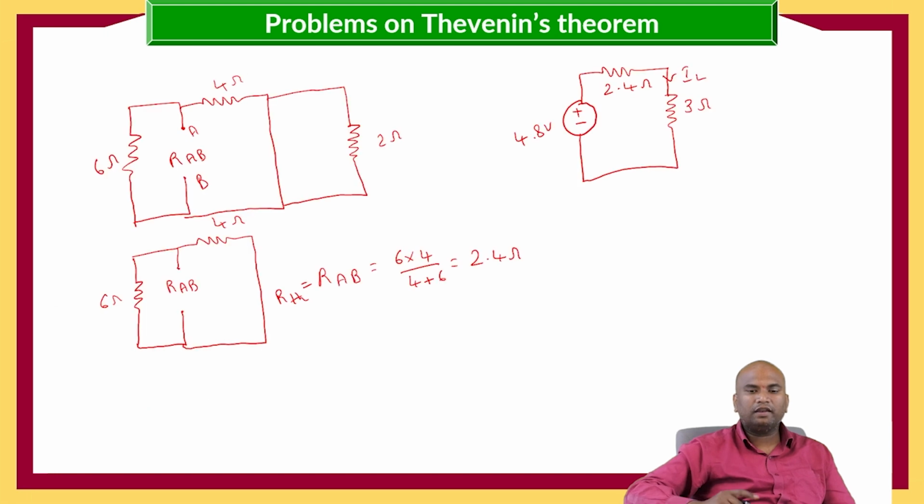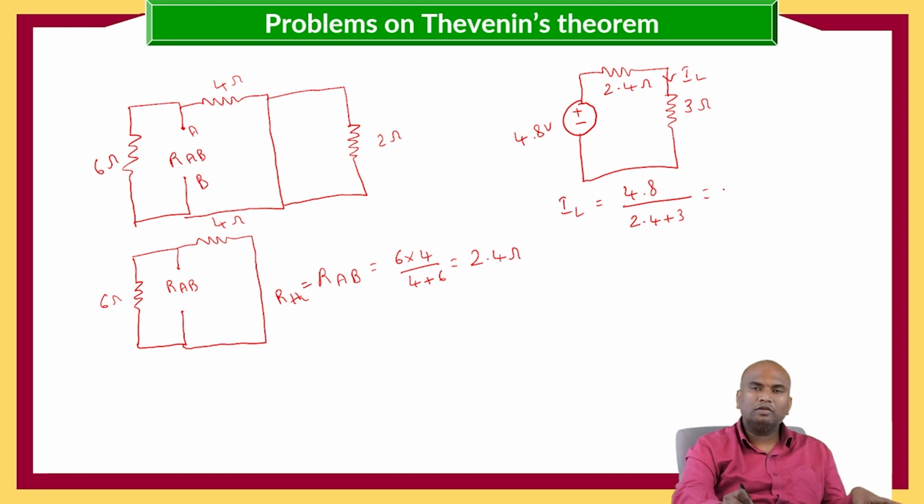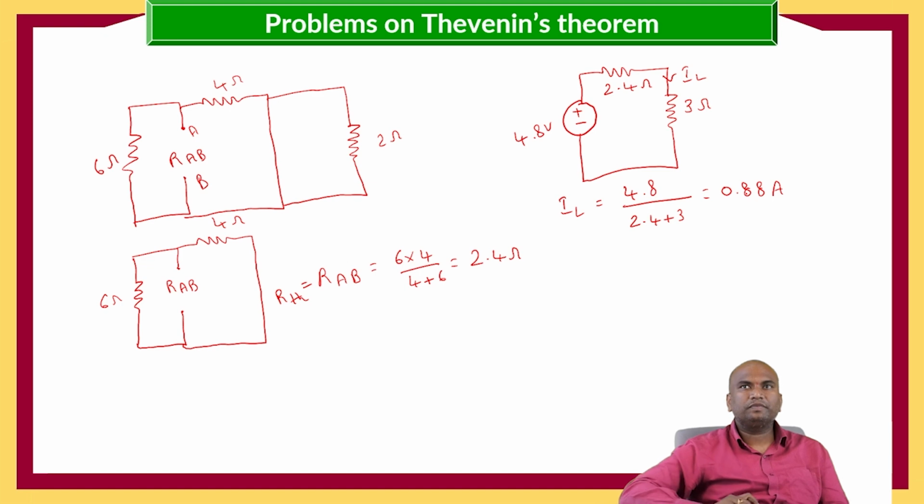So IL is equal to 4.8 by 2.4 plus 3, which is equal to 0.88 amperes. This is the load current calculation by using Thevenin's theorem.